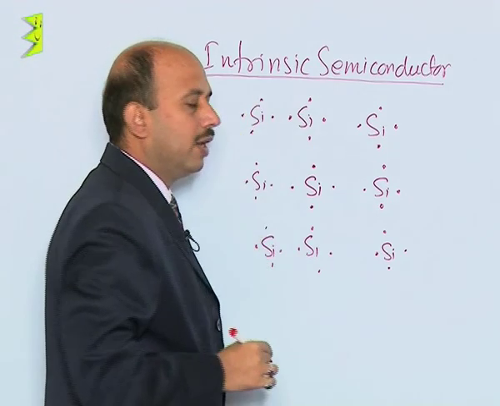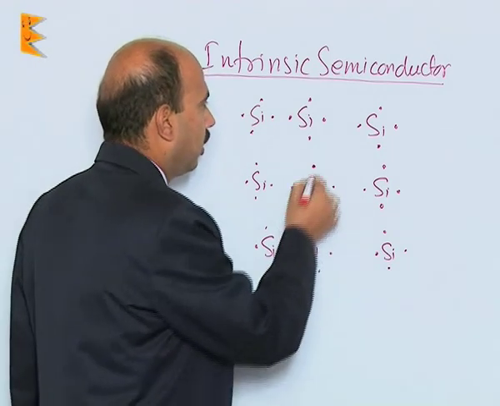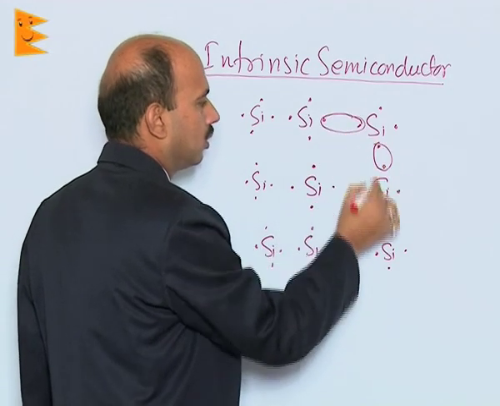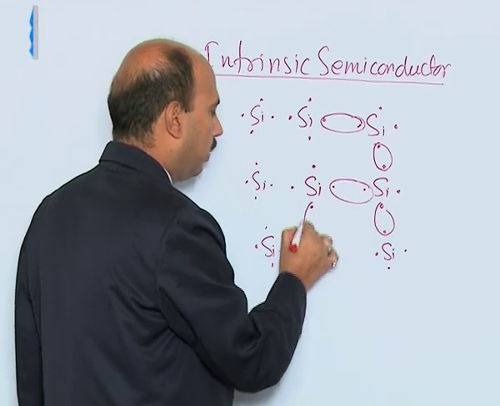So every silicon atom has got 4 valence electrons. Now these bonds are formed. There is a formation of covalent bonds here.